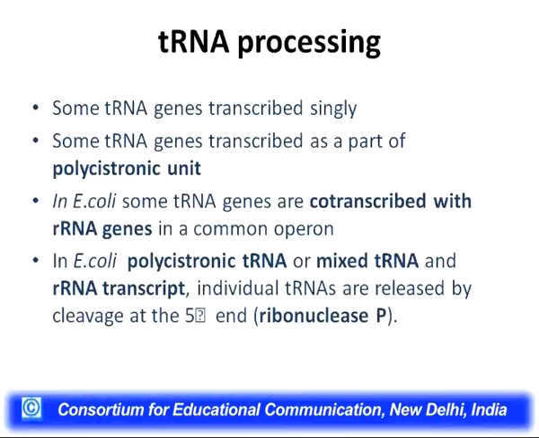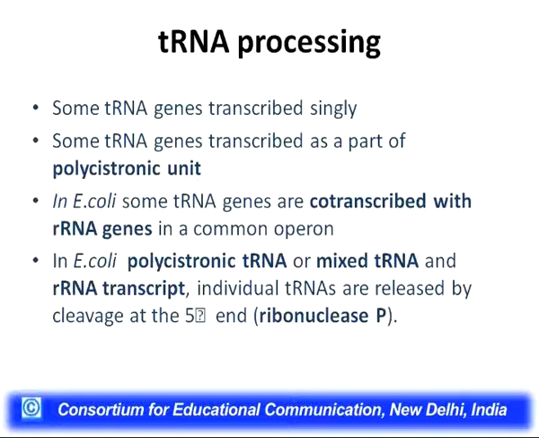So, first of all I will be talking about processing of tRNA. tRNA is short form for transfer RNA. Some tRNA genes are transcribed singly, that means one gene is transcribed into a transcript, and that will be used as a carrier molecule for amino acids.